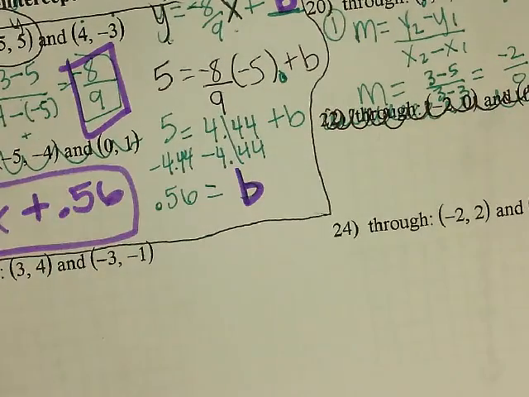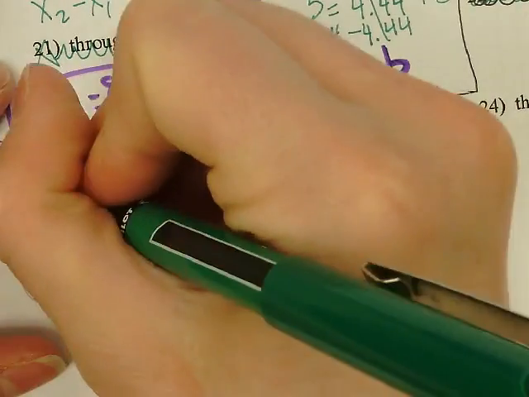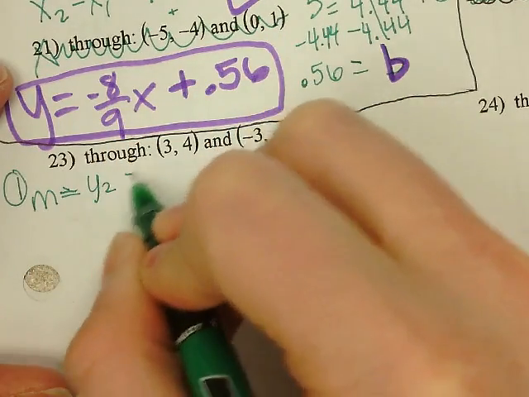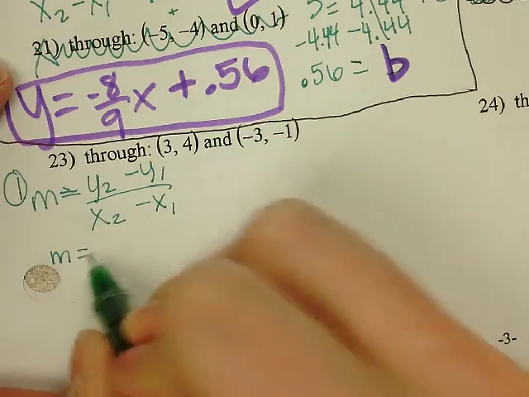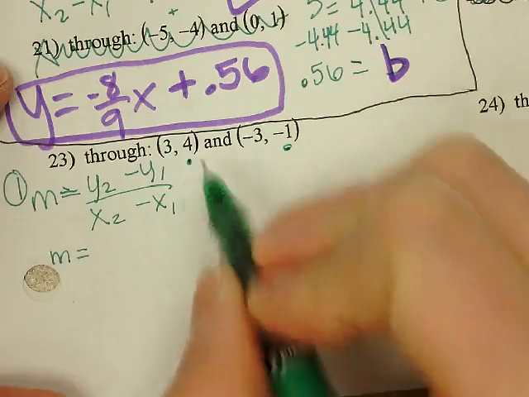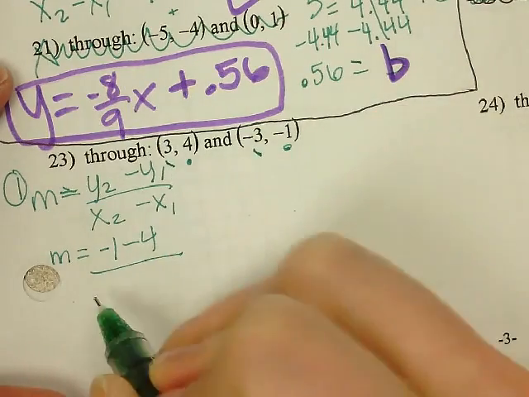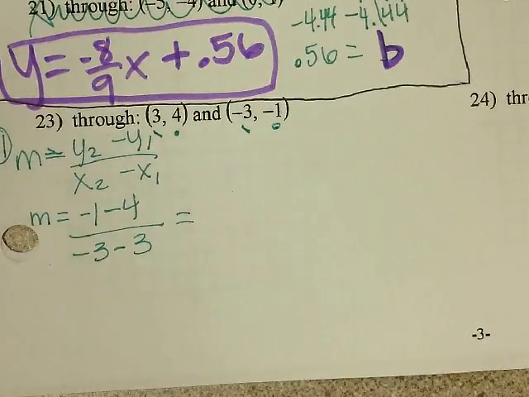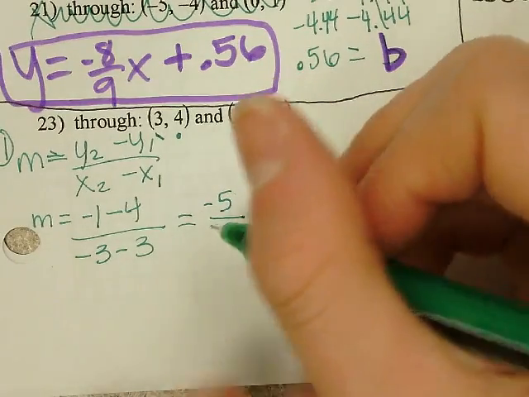So what's our first step? Find the slope. Awesome. So slope is y2 minus y1 over x2 minus x1. So I've got negative 1 minus 4 over negative 3 minus 3. That's negative 5 over negative 6.